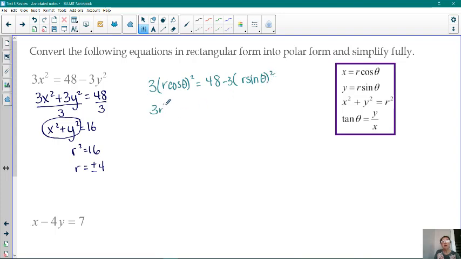So we'd have 3r squared cosine squared of theta equals 48 minus 3r squared sine squared of theta. Well, let's bring our r's and sines together on the same side. 3r squared cosine squared theta plus 3r squared sine squared theta is equal to 48.